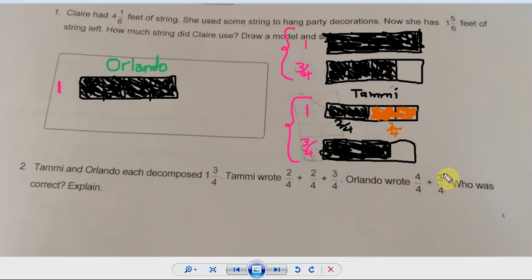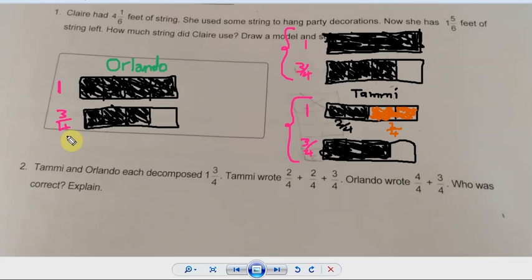Then it says that he added 3/4, so he also shaded 3/4. Let's draw that too. We are going to divide this into 4 equal parts, and we're going to shade 3 out of it. 1, 2, 3. So that now is 3/4. Let me use this color here.